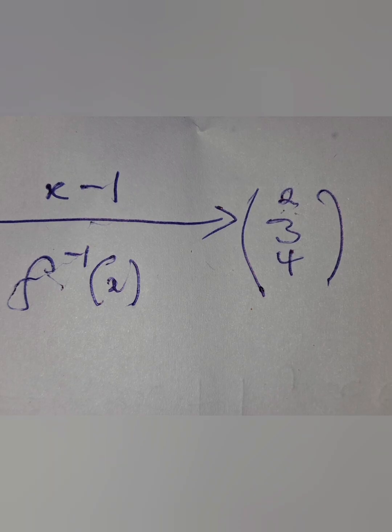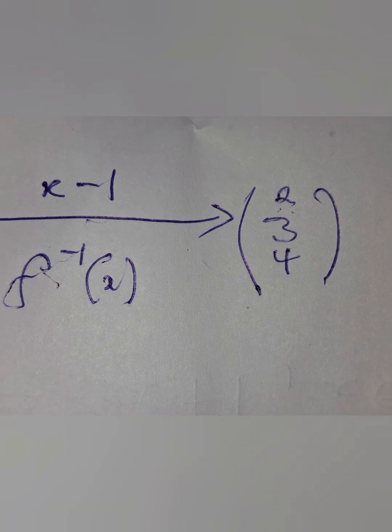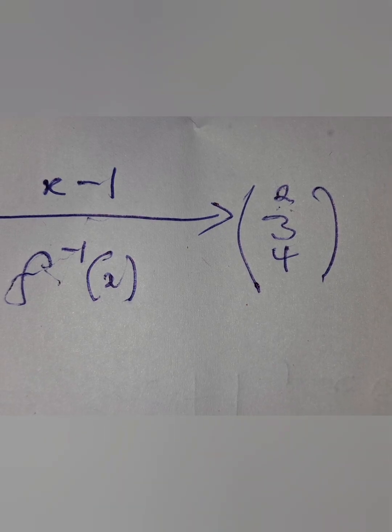In other words, when you hear the books and the mathematicians saying, in technical language, the domain of the function is the range of its inverse, and the domain of the inverse is the range of the original function.